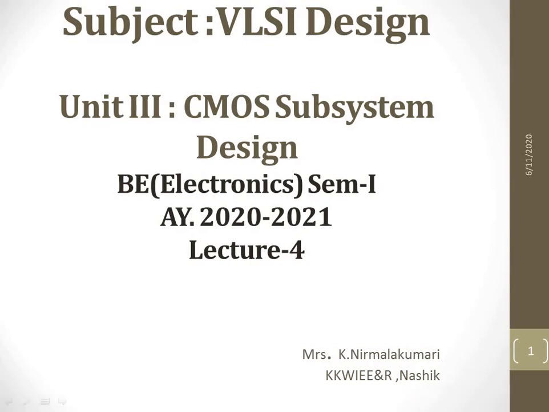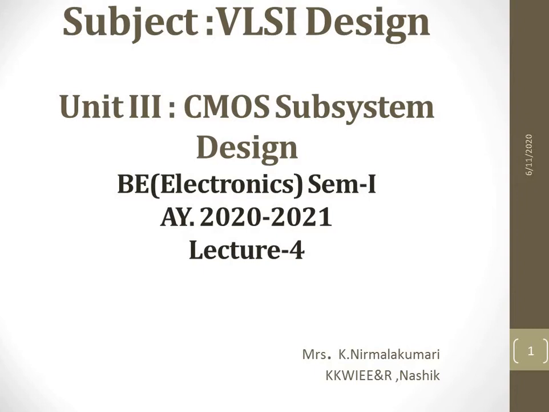The subject which we were looking at is CMOS subsystem design. In the last 3 video lectures, you might have studied the introduction and semiconductor memories of CMOS subsystem design.